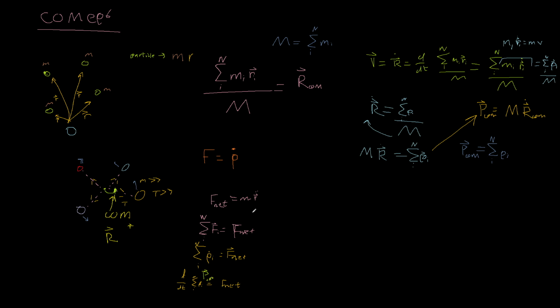And so what we find is that F net is just the change in the momentum of the center of mass. So the total sum of the forces is equal to the change in the momentum of the center of mass.